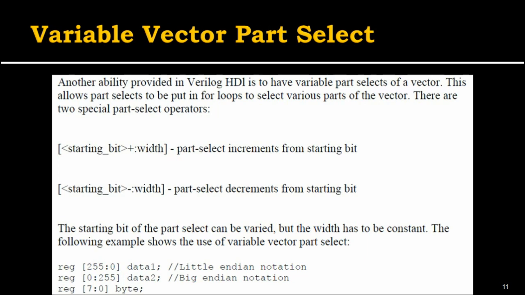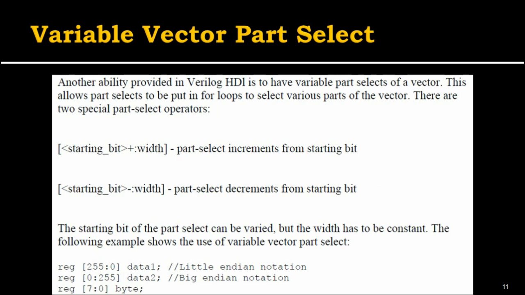Next one is the variable vector part select. Another ability provided in Verilog HDL is to have a variable part select of the vector. This allows the part select to be put in loops to select the various parts of the vector. There are 2 special part select operators. One is part select increment from the starting bit, another one is part select decrement from the starting bit.